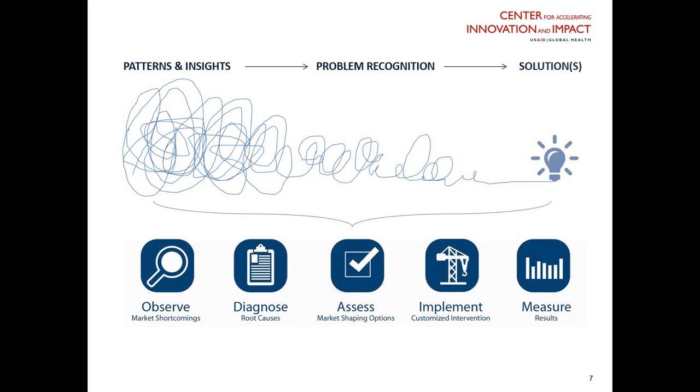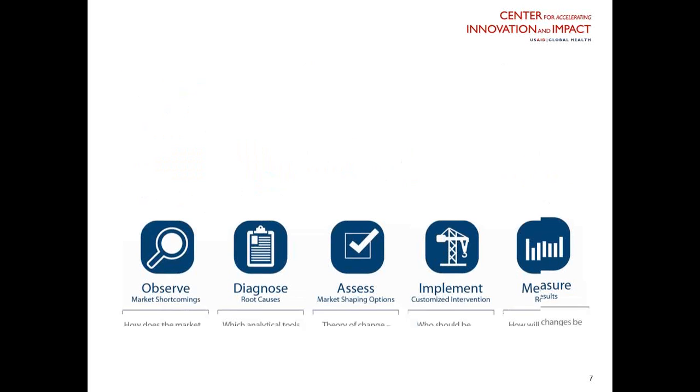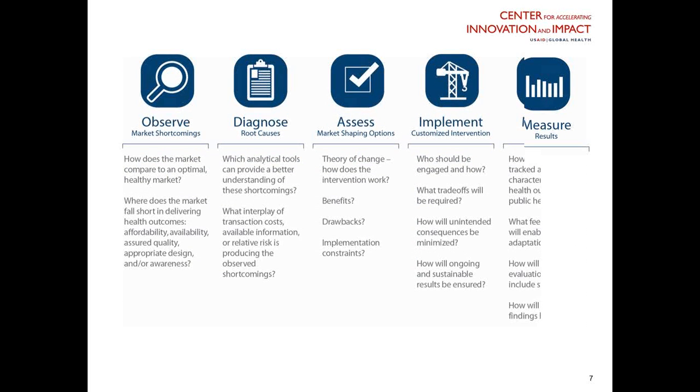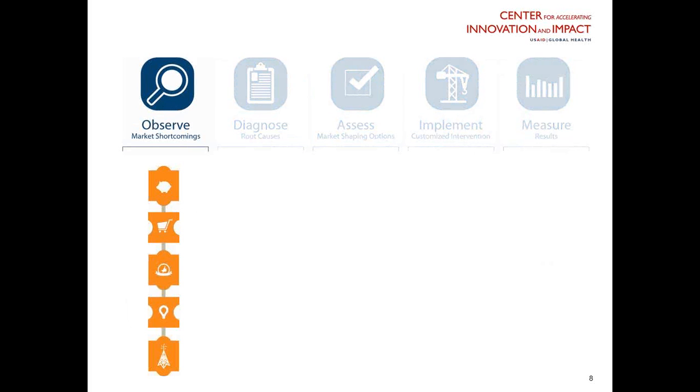We know that markets are constantly changing, so it's important to see what is resulting from any intervention and how the dynamics of that marketplace may have shifted, and we may need to adapt the intervention. So I'll speak to each of these 5 steps in a little bit more detail. In the primer, we've also listed for each of these 5 steps important questions to consider. I'll move through this quickly right now, but there's more description on each of these in the primer itself.